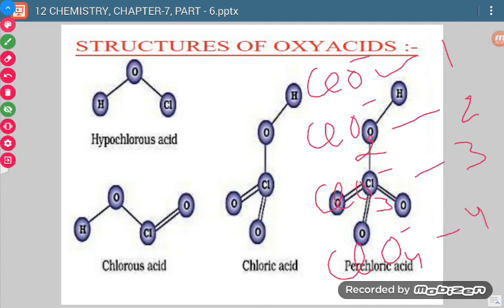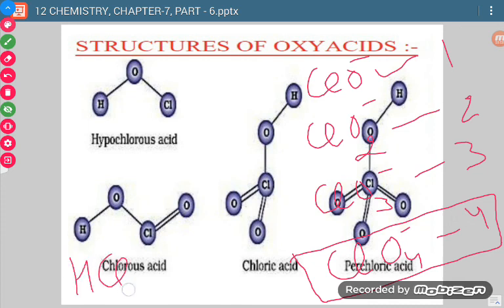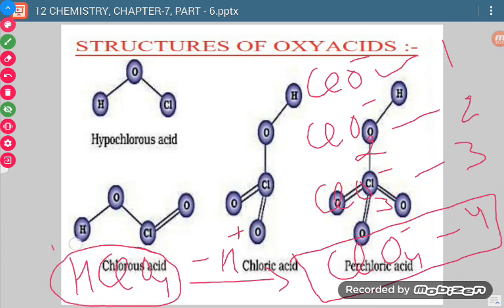So what happens now? That ion which is having maximum number of resonating structures, that will be most stable. So it means that if we want to compare the acidic character, then this compound will form this ion most easily after losing H positive ion.